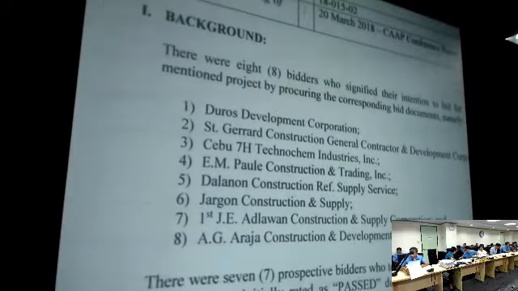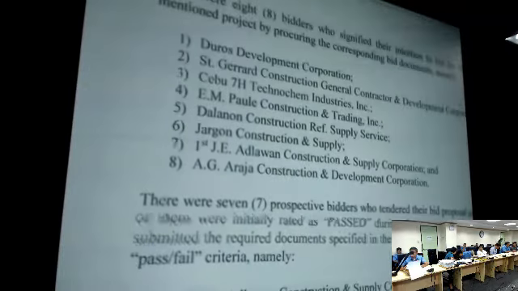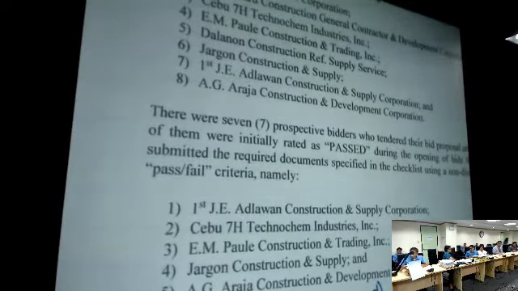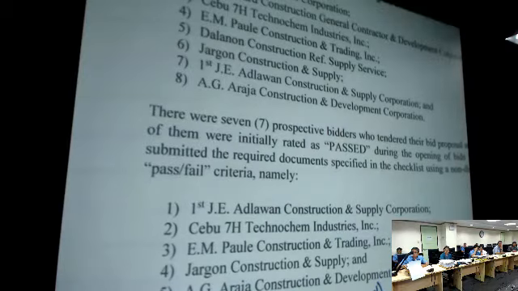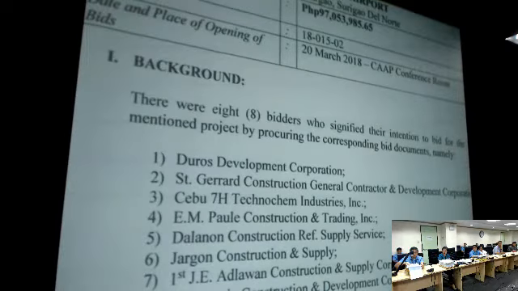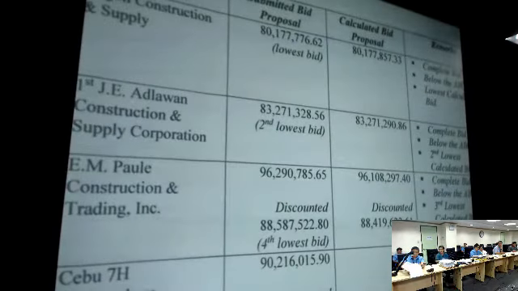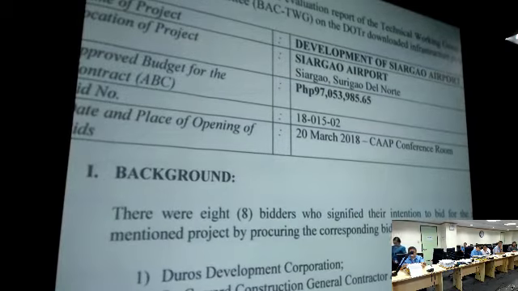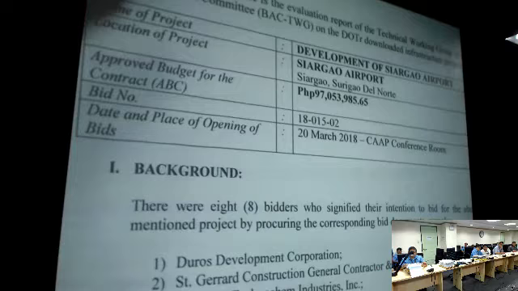However, only 7 prospective bidders tendered proposals, namely J.E. Adlawan Construction and Supply, Cebu 7H Technochem, PM Paule, Jargon Construction, AG Araha, St. Gerard, and Burus Construction.